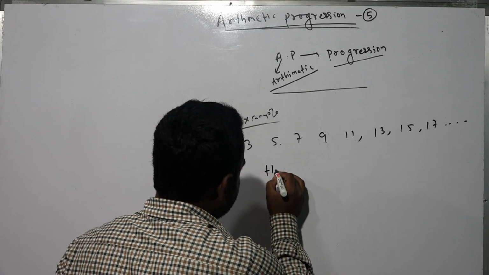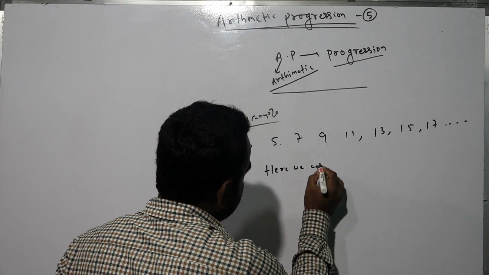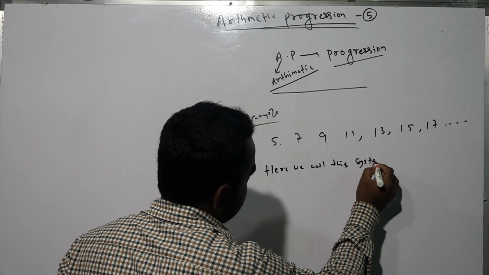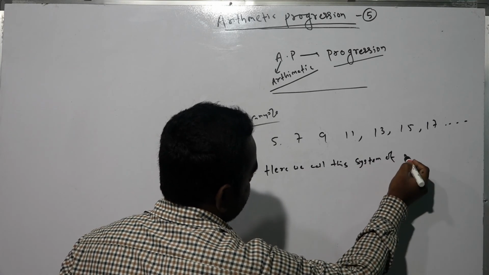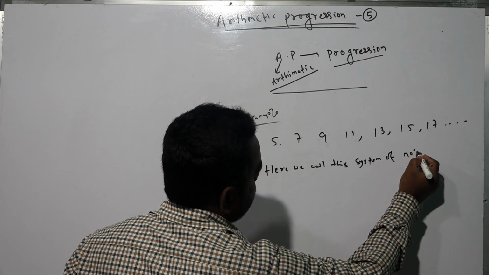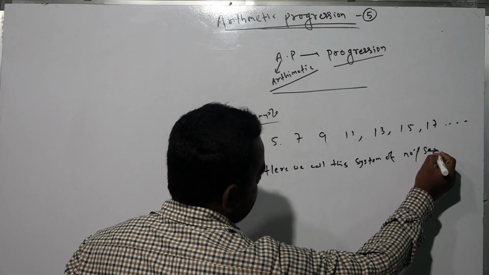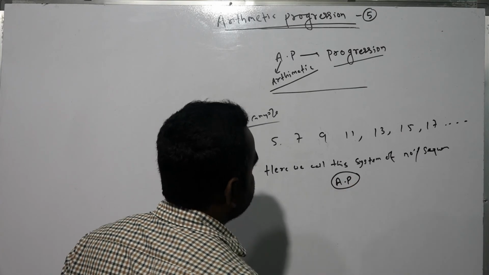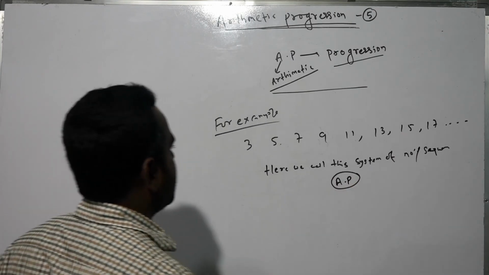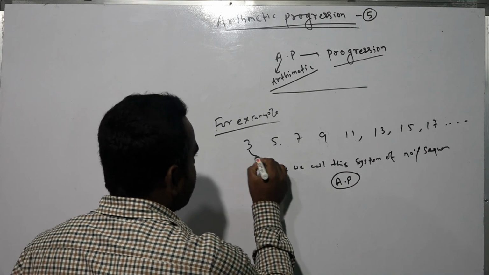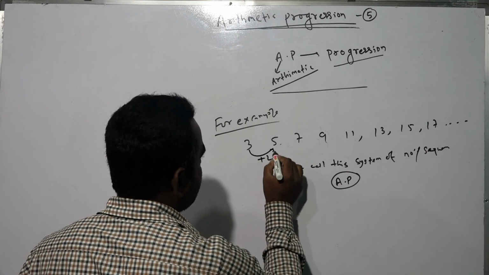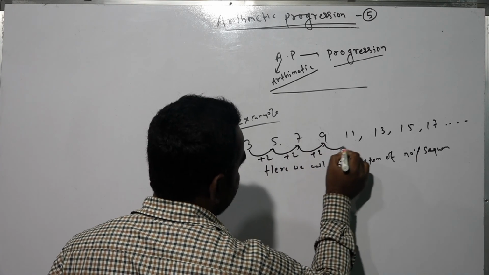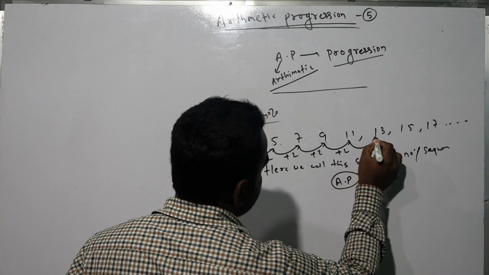We call this sequence of numbers an arithmetic progression. Why? Because a definite number, 2, is added to every number of the sequence.